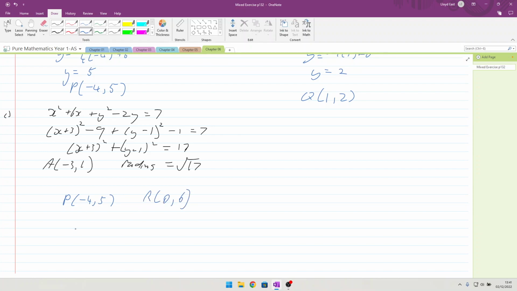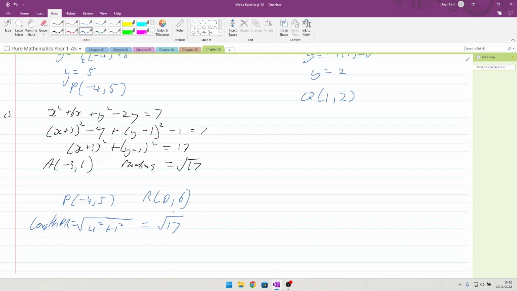So the difference between there and there, the length of PR is equal to the square root of 4 squared plus 1 squared, 16, 17, which is equal to the square root of 17 again. Looks like it was a square.